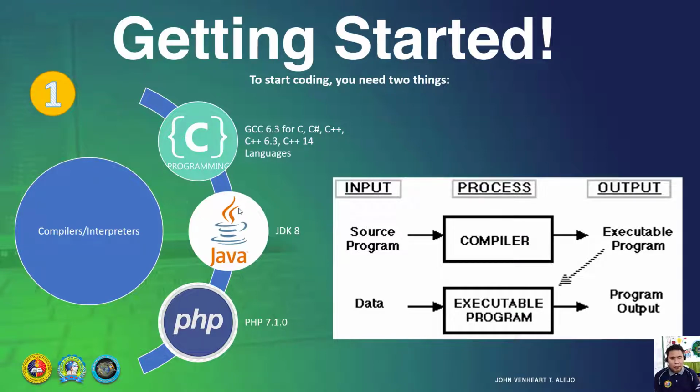Compilers also use what we call the IPO, input process output model. So as a compiler, you have the source code, your codes, it will compile, process, and output. We type the program, we encode it, then after that we build or run, then the compiler processes it, and it outputs something in your program.